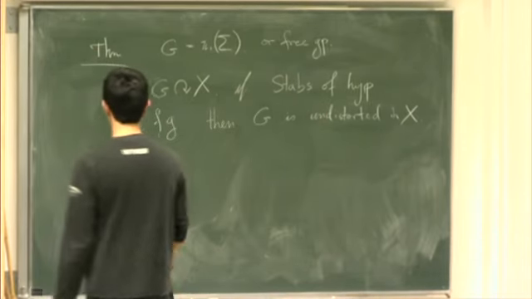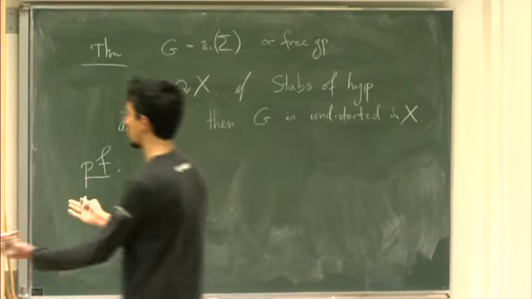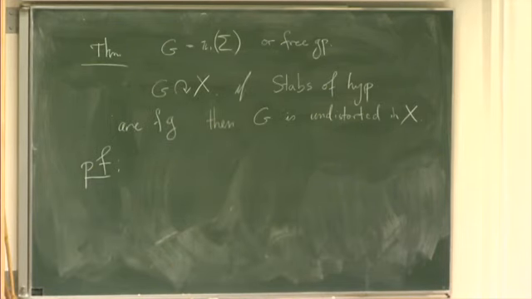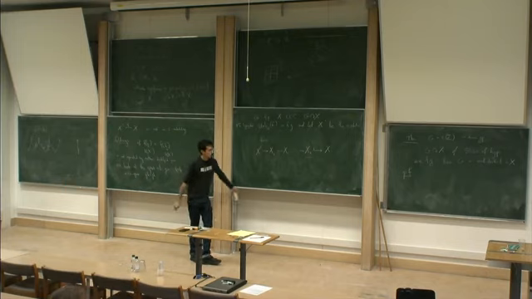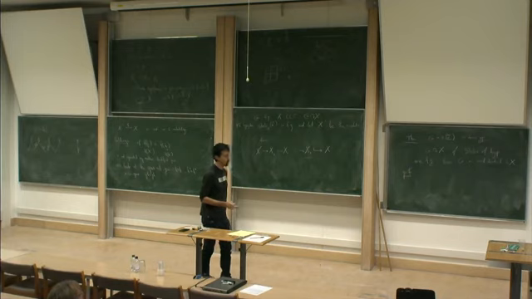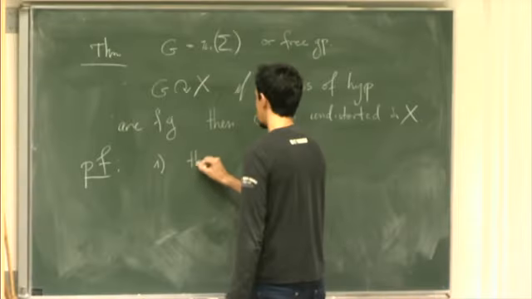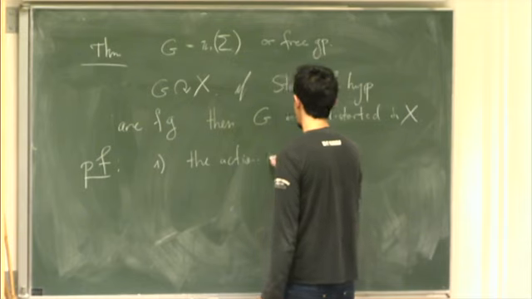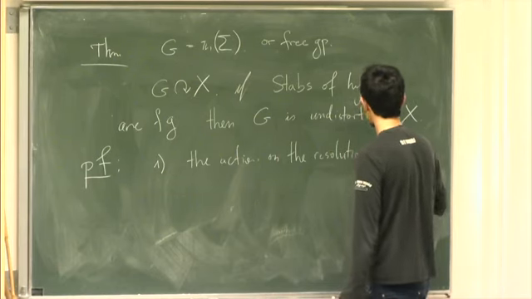So let's prove this theorem. We already have 90% of the proof. Just need to add one more thing, or two things. When we resolve something to a surface or to the rose, we always get something which is quasi-convex, which is co-compact. So first ingredient: the action on the resolution is co-compact.